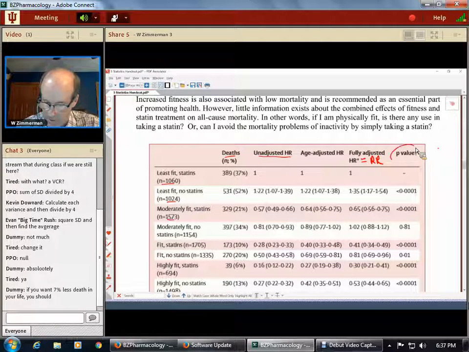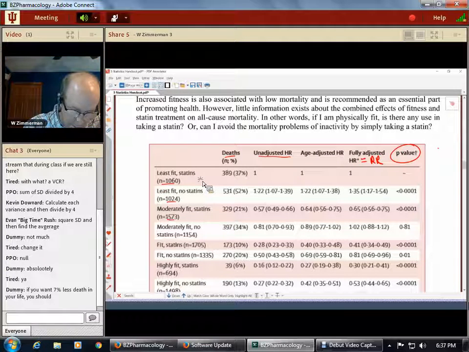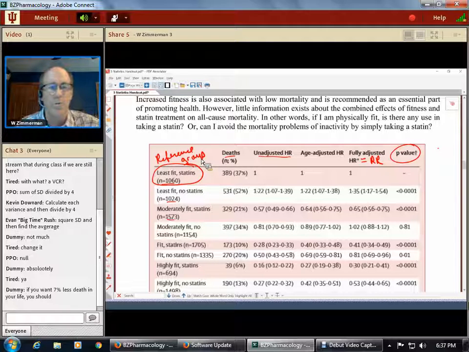And then, of course, on the far right is the p-value. The comparison group that they used was people that are least fit, but they're taking statins. So that's your reference group. I'm not sure why they chose that as the reference group. You could pick any of these groups as your reference group, really.